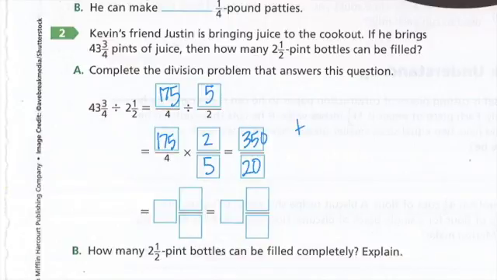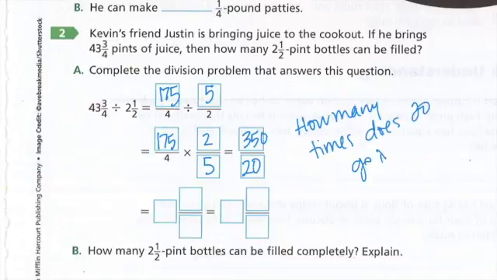Now we have to ask ourselves, how many times does 20 go into 350? Which is the same as doing 350 divided by 20. Remember, a fraction is just a division problem.